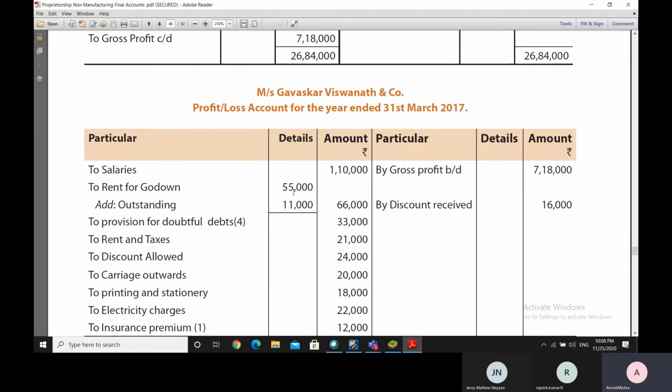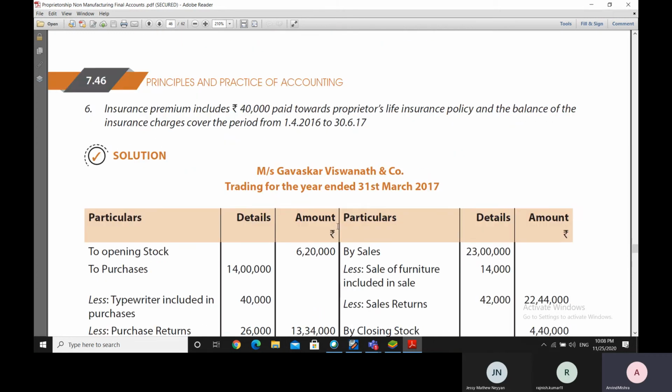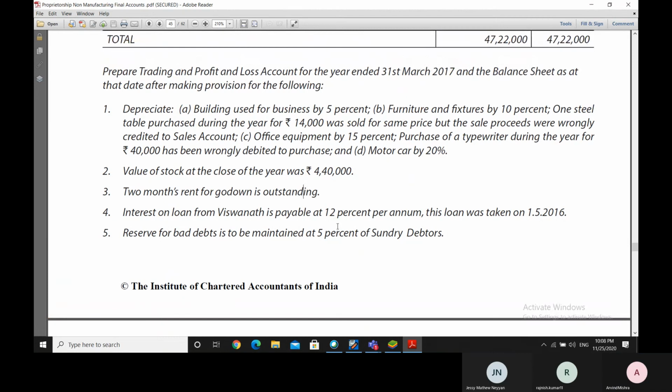And out of the rent of 55,000 rupees, 11,000 rent is still outstanding. So the rent which is paid is 55,000 rupees, but 2 months rent is outstanding, so we'll account it in the profit and loss account.